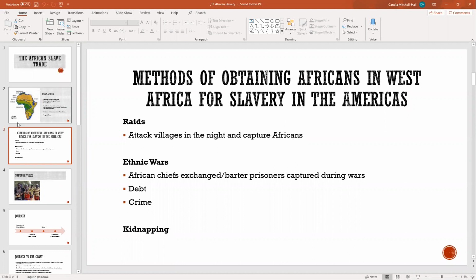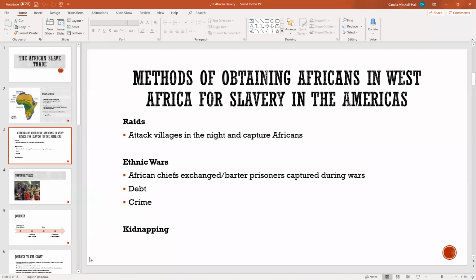And when they went to war, they got prisoners from different tribes and they sold them into slavery, for debt, for crime, because of a crime they would have done, or they owed them something, or they were prisoners.